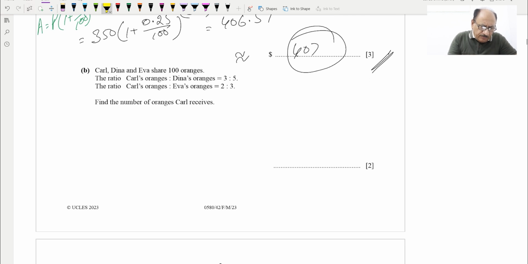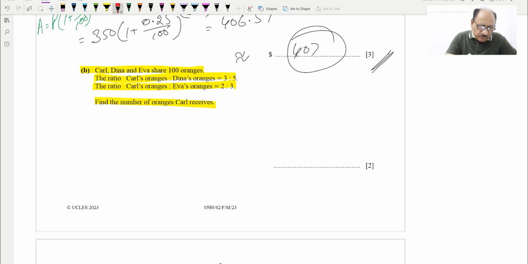Now part (b) says Carl, Dina and Eva share 100 oranges. The ratio between Carl and Dina is 3:5, and the ratio between Carl and Eva is 2:3. Find the number of oranges Carl receives.